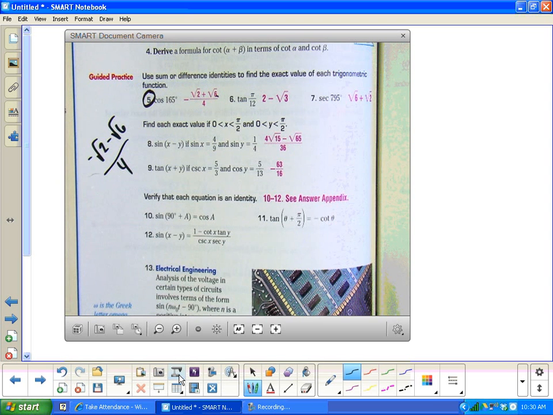Oh, and by the way, I found a video on YouTube last night. This lady does a finger trick for remembering the ordered pairs in the first quadrant. It's pretty cool. If you put your left hand like this in the first quadrant, this is 0, this one's 30, this one's 60.